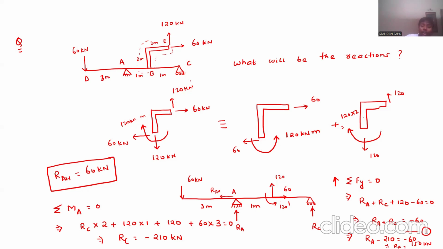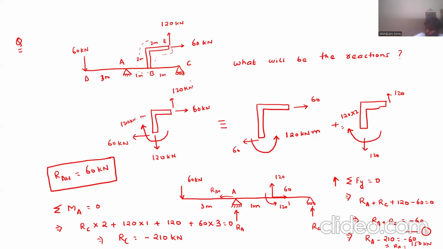Similarly, analyze the second portion, that is, the 120 kilonewton upward and downward forces separated by a distance of 2 meters. If they are separated by a distance, then they will try to rotate that bar in anti-clockwise fashion. Then this bar is not in equilibrium. To bring that to equilibrium, you have to add some resistance. That resistance will come in the form of this moment that I have shown here.